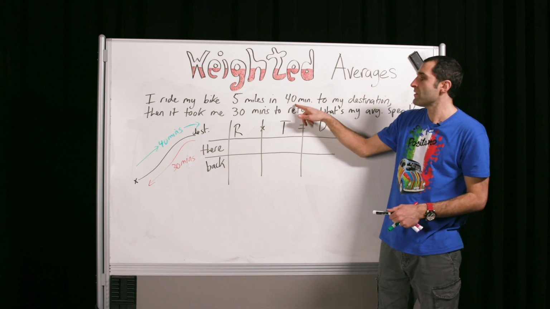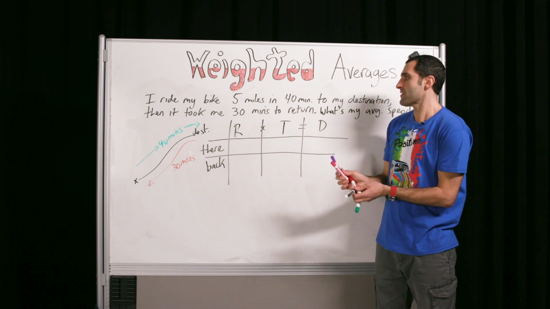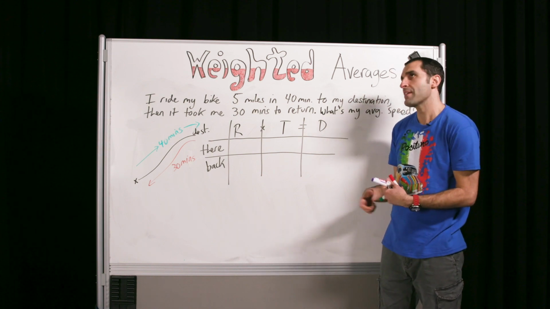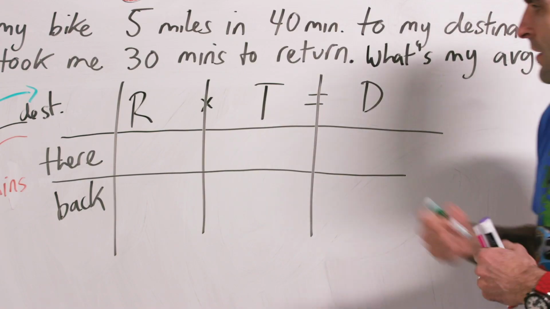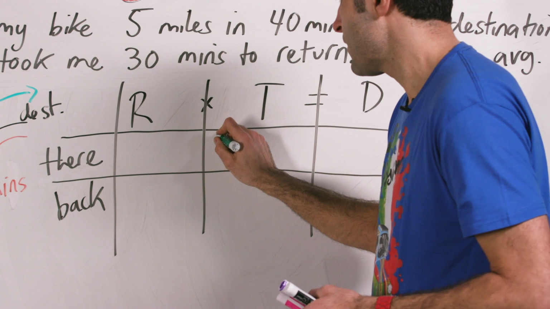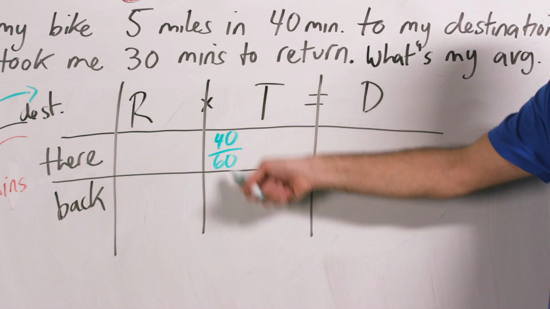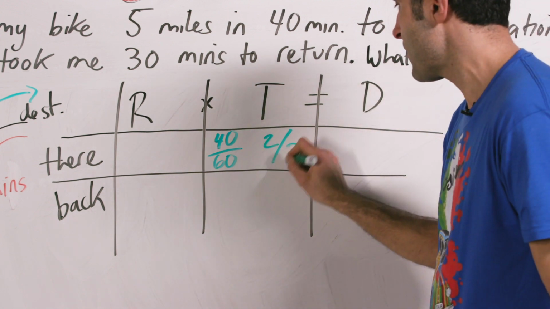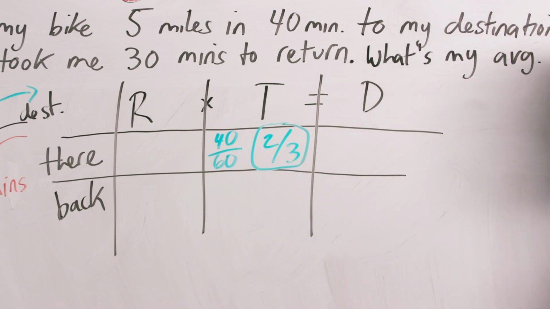So we need to convert minutes into hours. 40 minutes is more than half an hour. What you could do, I'll pick green this time, is say it's 40 over 60. That's the fraction of an hour. 40 minutes out of 60 minutes is 2/3. 2/3 of an hour there is 40 minutes.